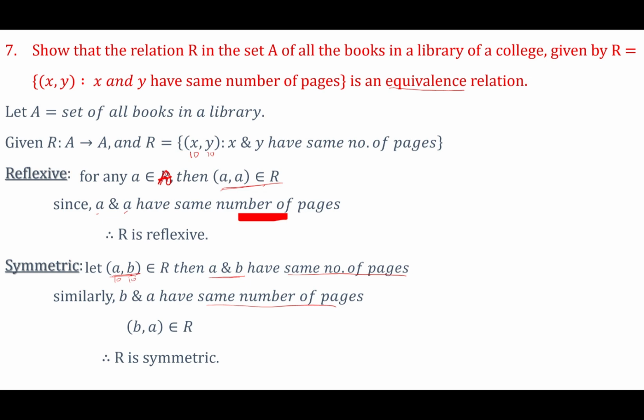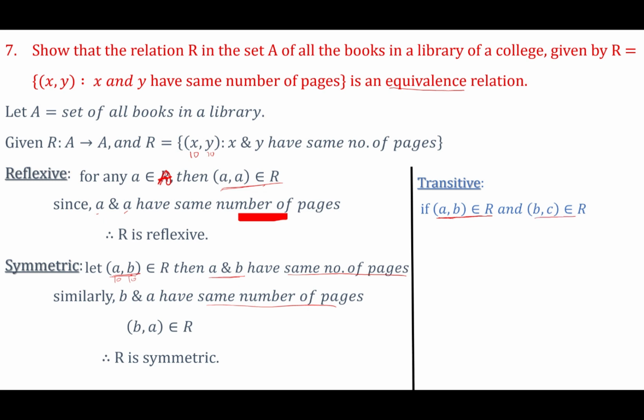Now come to transitive. A transitive relation says if (A, B) belongs to R and (B, C) belongs to R, then (A, C) must belong to R. If (A, B) belongs to R, the number of pages in A and B are the same.